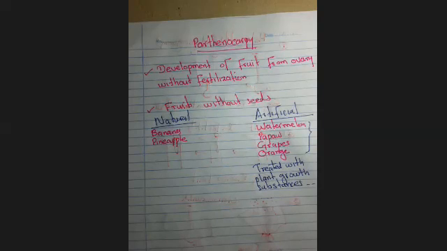Banana is naturally parthenocarpic, due to that you can't see seeds in banana or pineapple. But because this is artificial, seeded ones are also there, seedless ones are also there. Hope you understood it. So you can mark this one down.